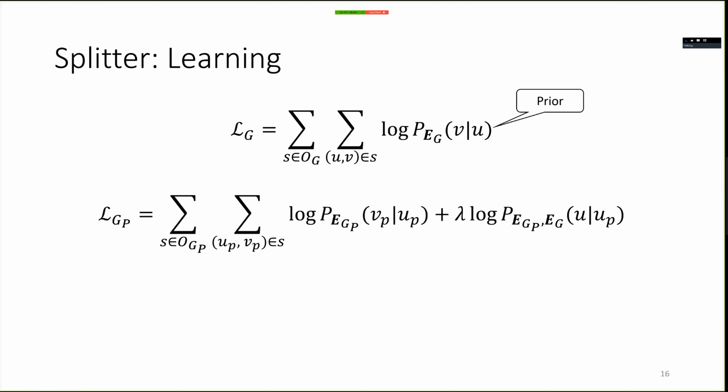So you try to minimize the distance between U, the original node in the graph, and its equivalent context node in the persona graph. Context means persona here. We can say persona, we can say context. So you try to minimize the distance between the persona node and the original node.